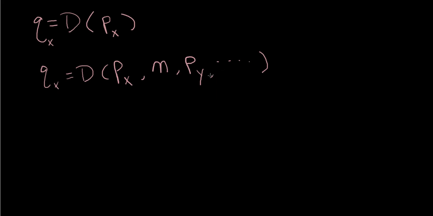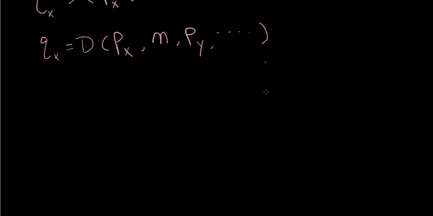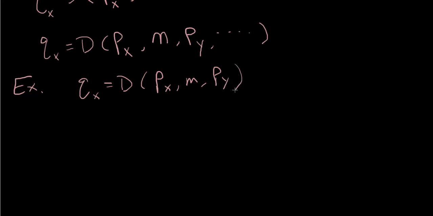So here is one example. Suppose we have the demand curve for good X like this. QX depends on PX, income, and the price of the other related good Y, three factors: its own price, income, and the price of the related good Y, okay?